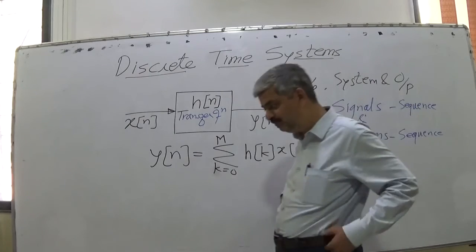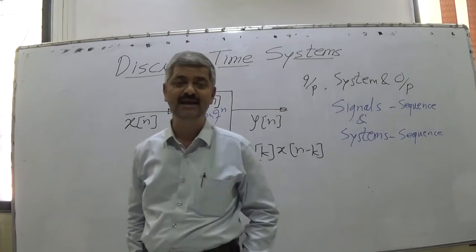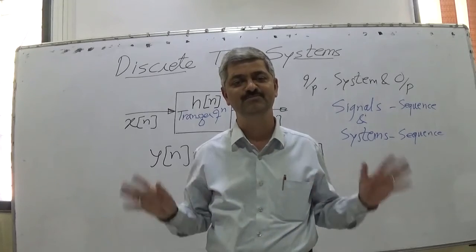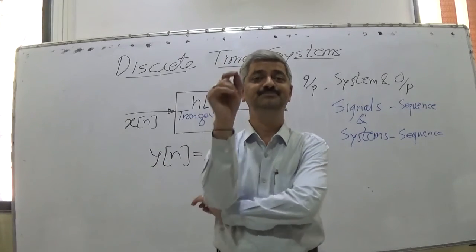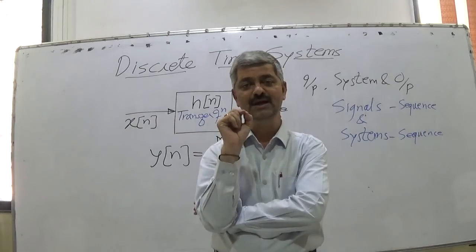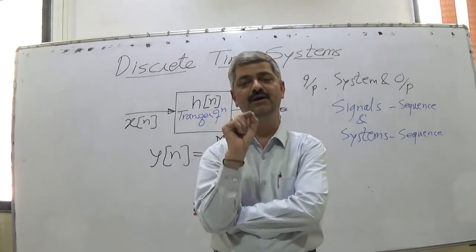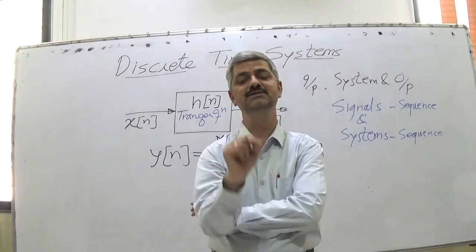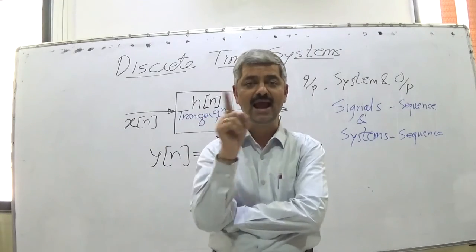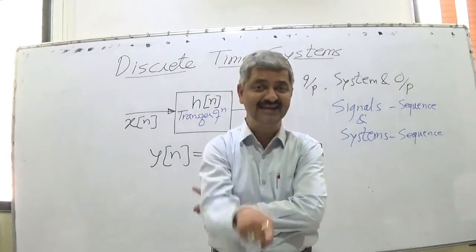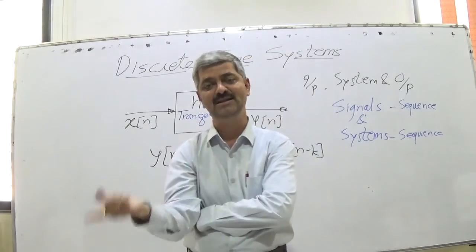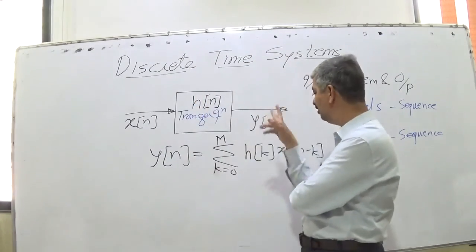So the output is a weighted sum of current and previous inputs. Listen very carefully. Output sequence y[n] is a weighted sum of current and previous samples of the input sequence x[n], and the weights which multiply current and previous samples in a given manner are also a sequence.